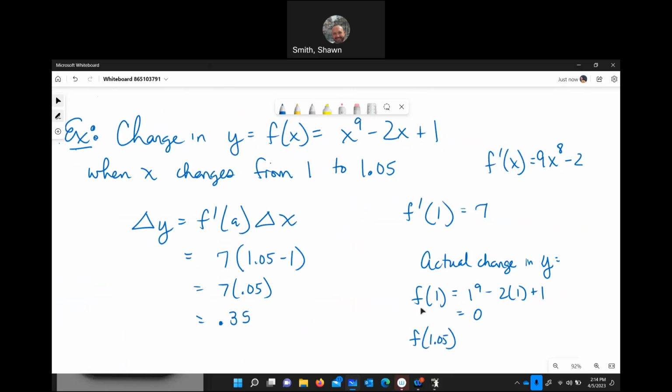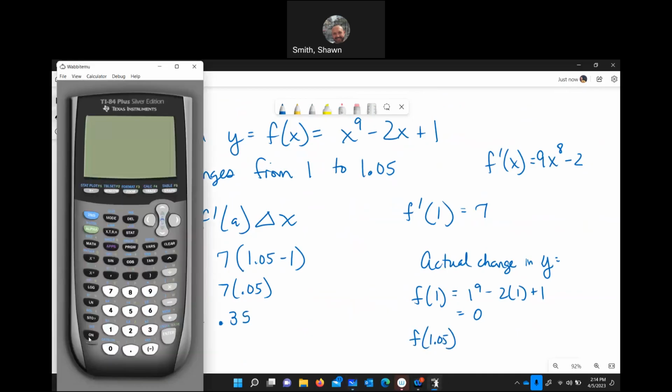Now this is where I have to bring out the calculator. 1.05 to the 9th minus 2 times 1.09 plus 1.